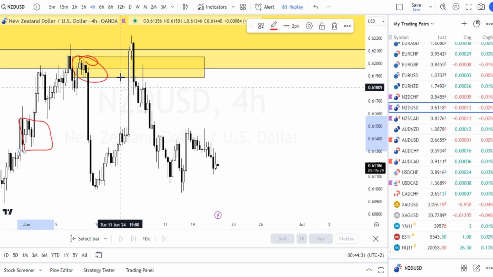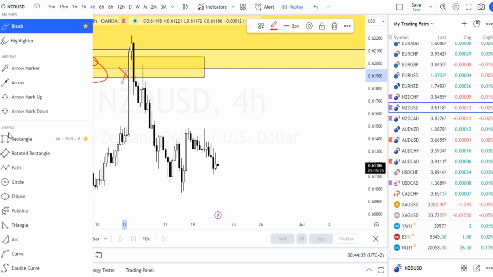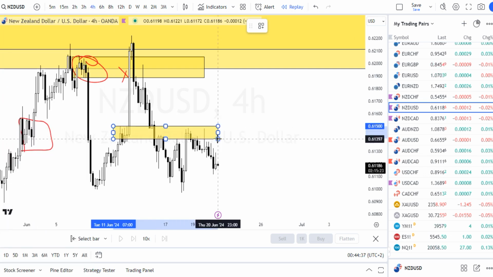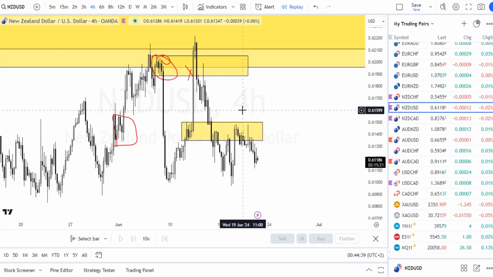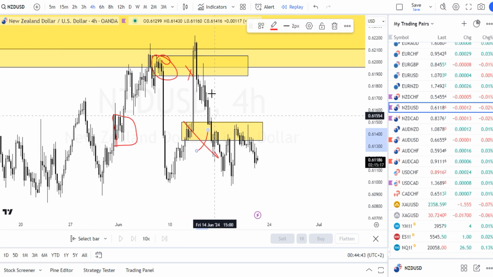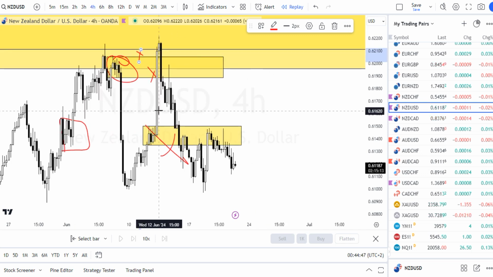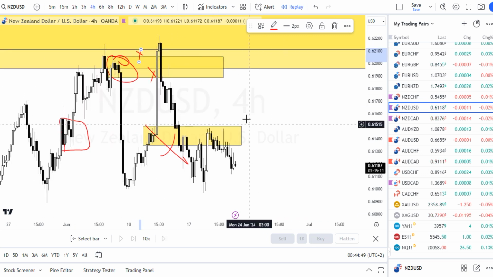So it was a good trade to take, but we also have this demand zone. You can see that it did not work, and it did not work either. You know, sometimes it happens. Let me see what time it happened.